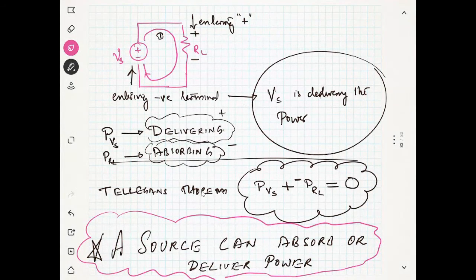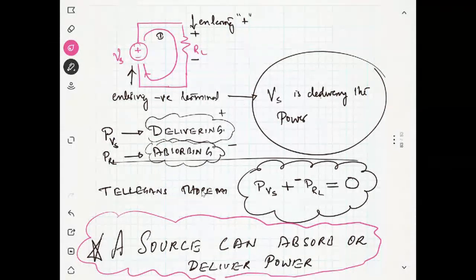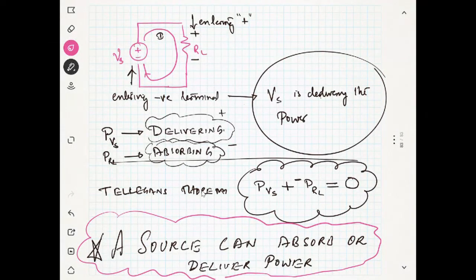But when you start the engine, the alternator or dynamo will work and give power to the battery. Now the battery is absorbing the power. I hope this is clear to you.